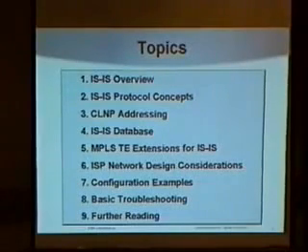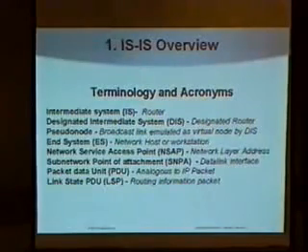Okay, so before we go into this, ISIS has its roots in ISO. Okay, you think this may work better?